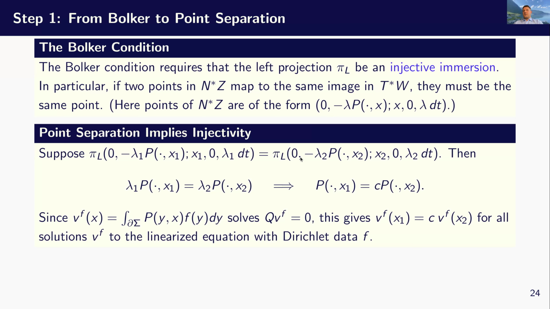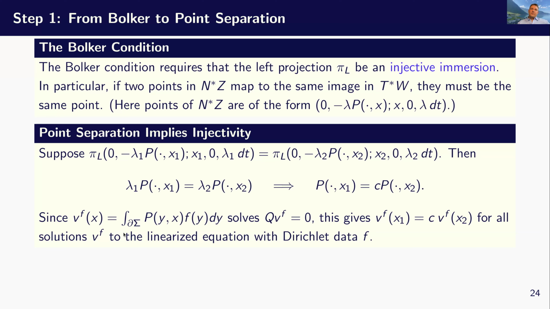We left project these. We get that lambda 1 p at x1 must be lambda 2 p at x2. Written differently, it means that p at x1, the Poisson kernel, must be some constant times p at this point x2. And for injectivity, we want to show that x1 is x2.